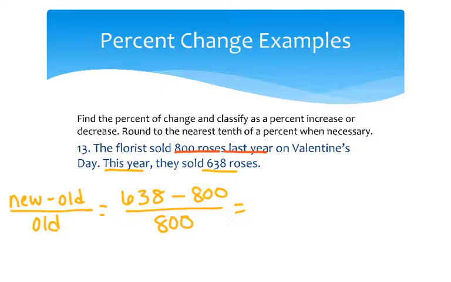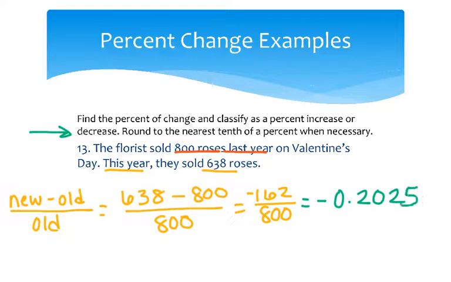So 638 minus 800 is negative 162 divided by 800. Again, negative is going to tell us that it's going to be a percent decrease. So plugging that in your calculator now, you're going to get negative 0.2025.